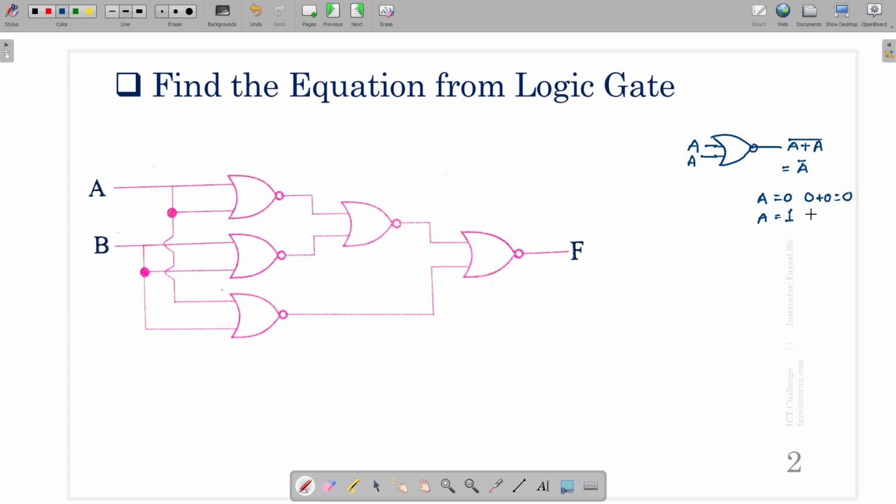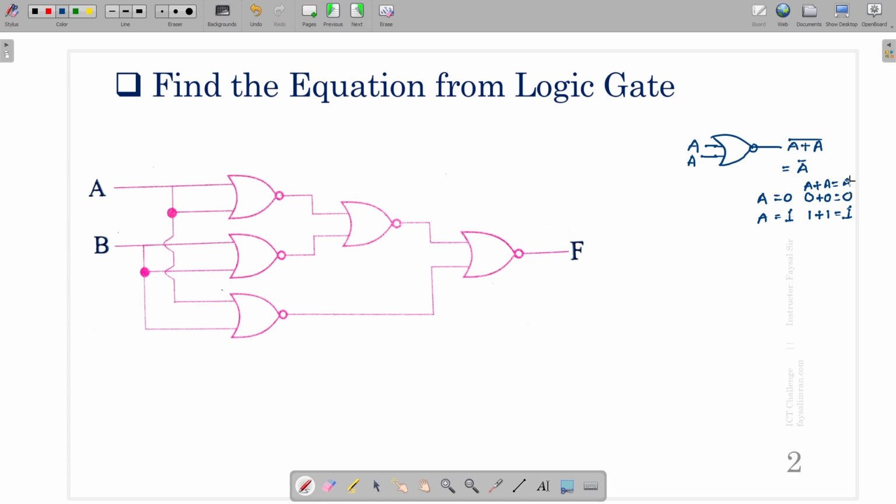And also in a digital device, if I input 1 plus 1, we also get 1. That means if I consider A plus A, you will get A, because the value remains the same.